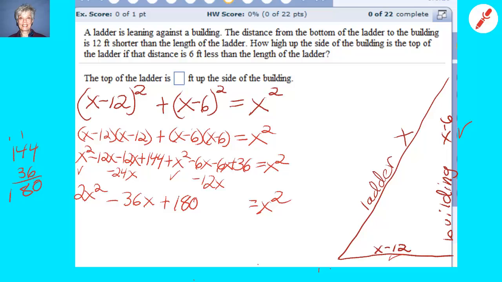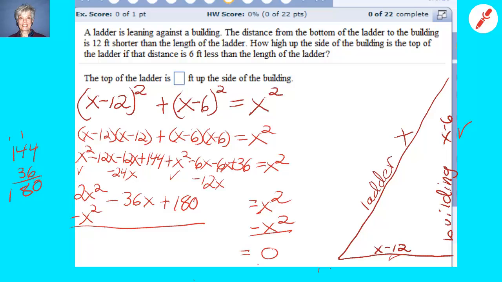Now I'm going to use the principle of zeros and pull this x squared over to the other side. So I will now have a 0 on the right side.